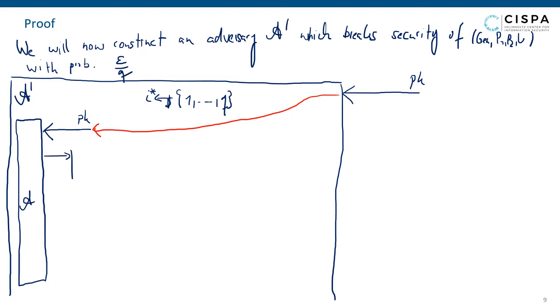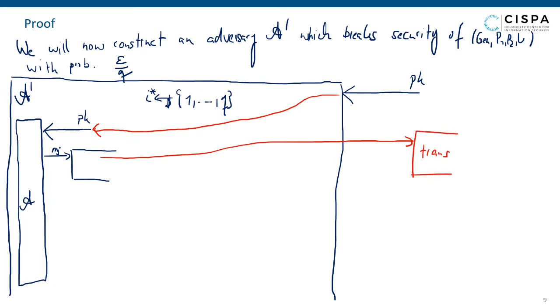Every time A queries the signing oracle with a message MJ, we actually just press our transcript button. So here's the transcript oracle, and back comes a transcript IJ, RJ, and SJ.